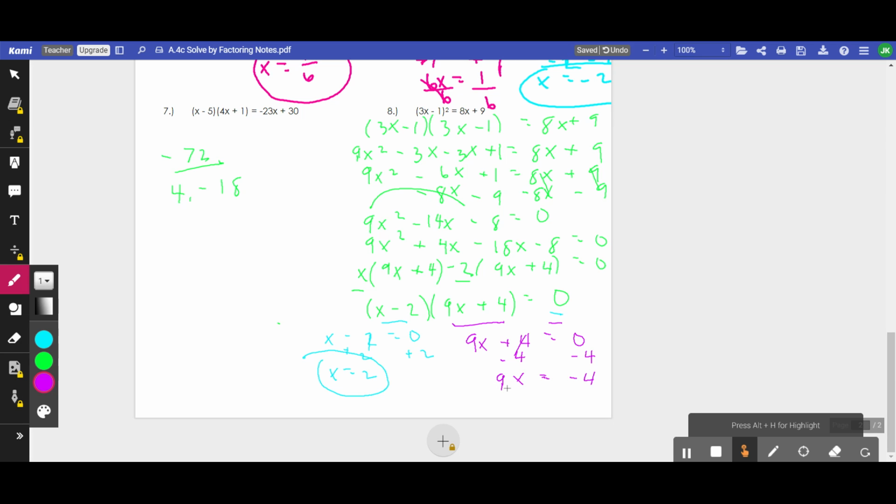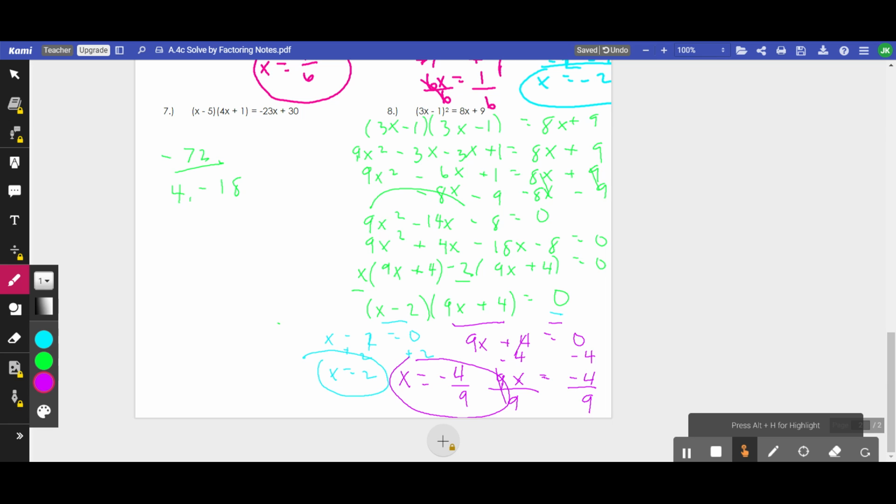And then to solve for x, they're multiplied by 9, so then you want to divide by 9 to cancel it out. So that would be your other solution then, so negative 4/9. And then, so that's all there.